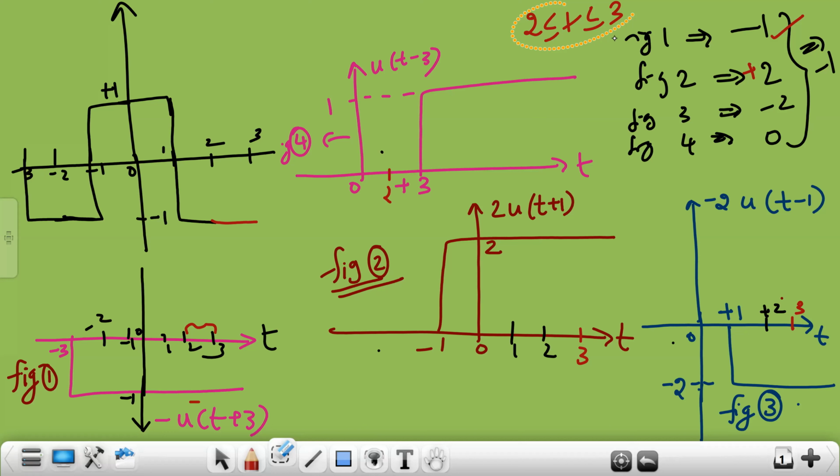In the third figure, again you are having -2. But in the fourth figure, you are having +1, isn't it? From 3 to 4, you are having +1 as the amplitude here. Now, if you add all these, your answer will be 0. Clear? Your answer will be 0. So the signal will come back to 0.